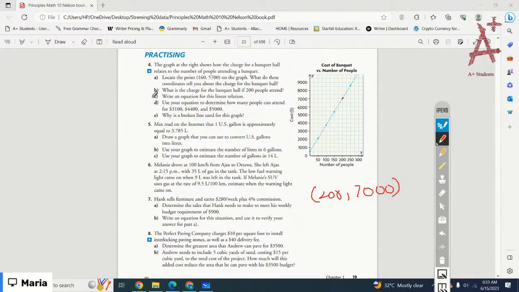Got it? Write an equation for the linear relation. So for the linear relation, we have to find the slope first, and then you have to find the y-intercept. How can we find the slope? Let's just calculate the slope.